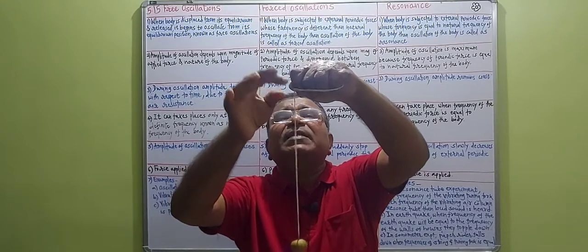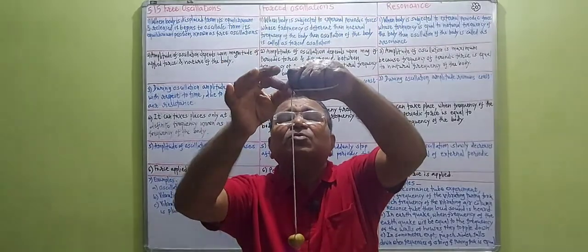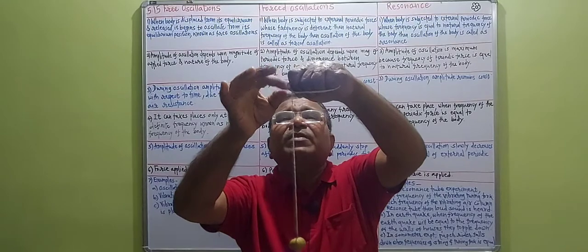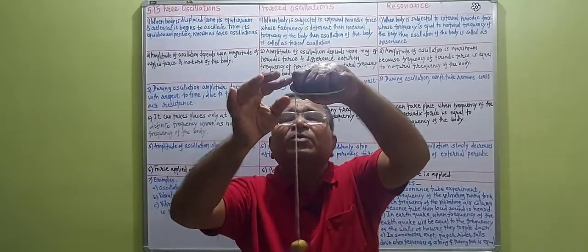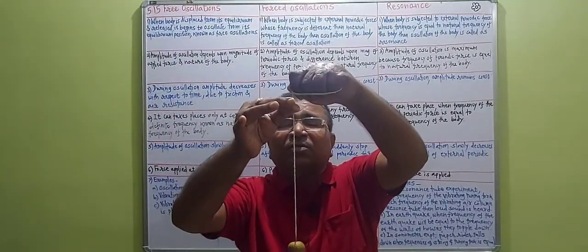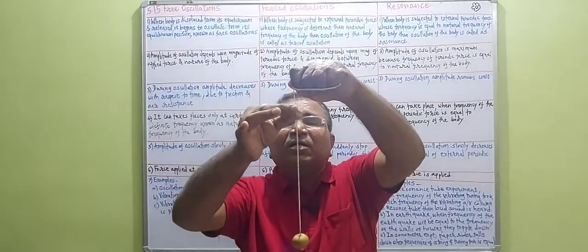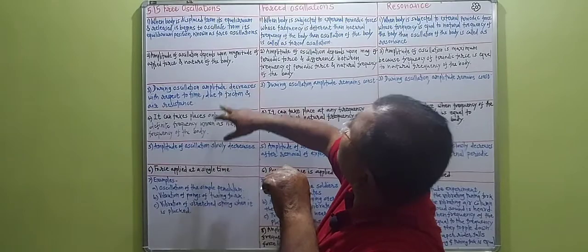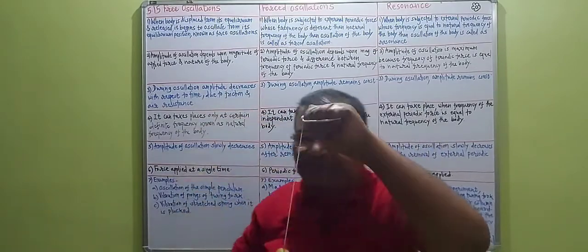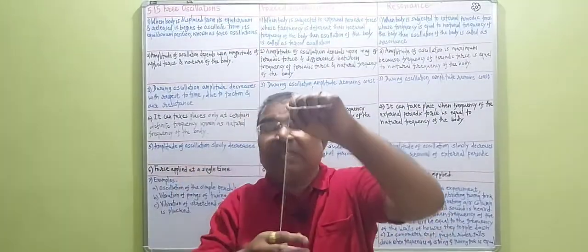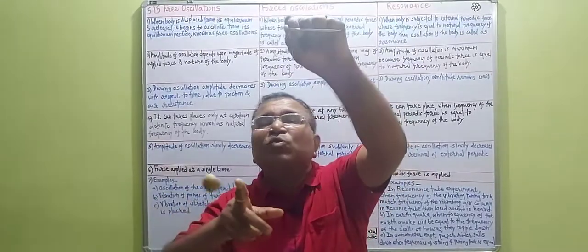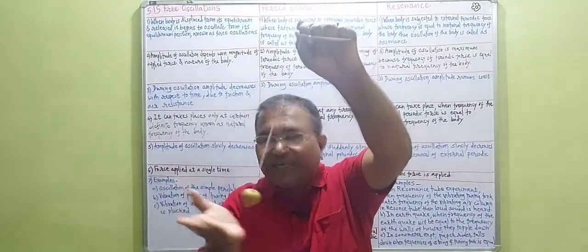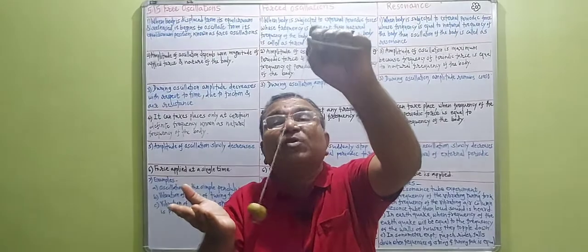between the string and rigid support. So friction between string and rigid support, and another thing is air resistance. That means air opposes the body when the body oscillates.